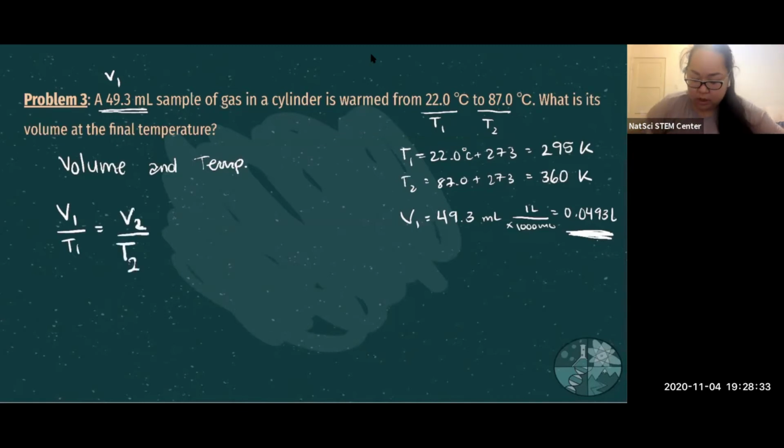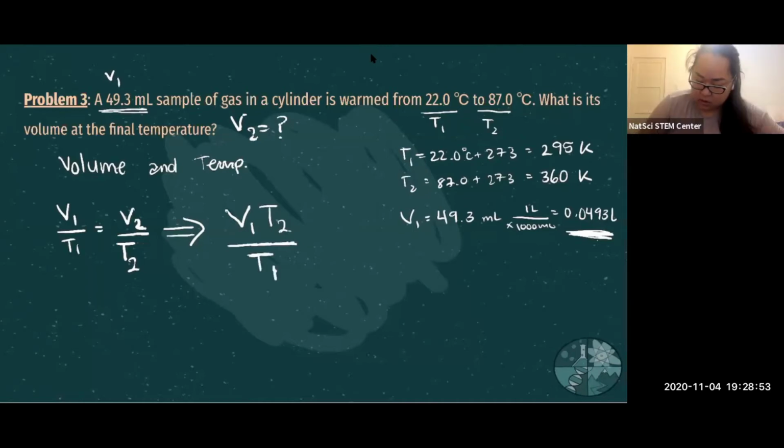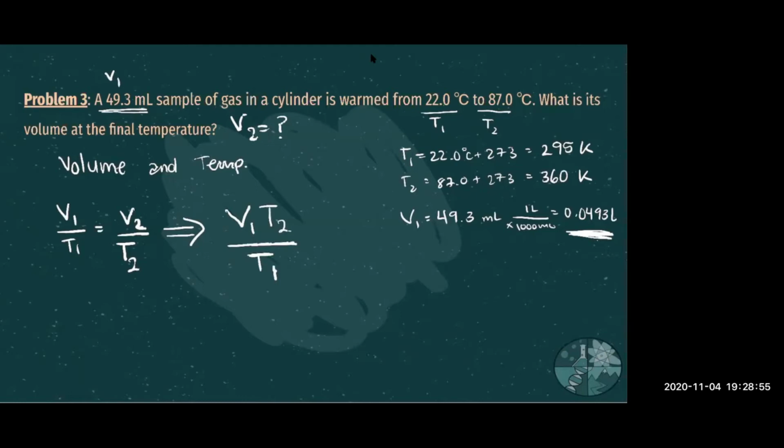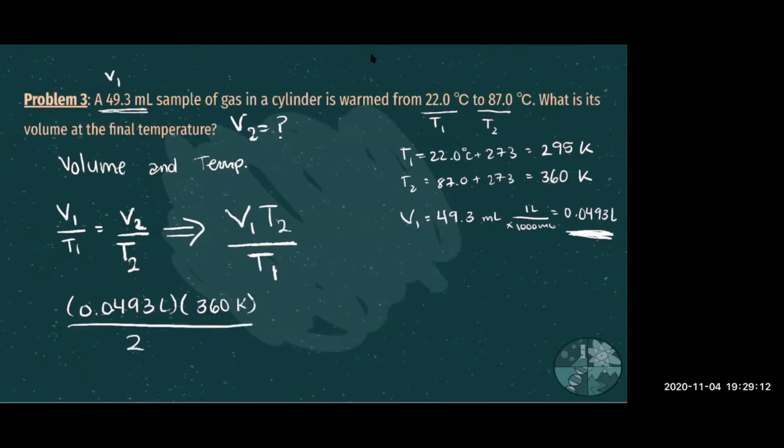If we're looking here, we're trying to look for V2, right? So if we rearrange this, what you're plugging in is V1 times T2 all over T1. You gotta flip them over. So then once you plug this in, the initial volume is 0.0493 liters times T2, which is 360 Kelvin, all over 295 Kelvin.